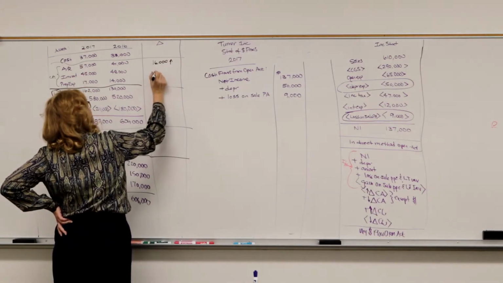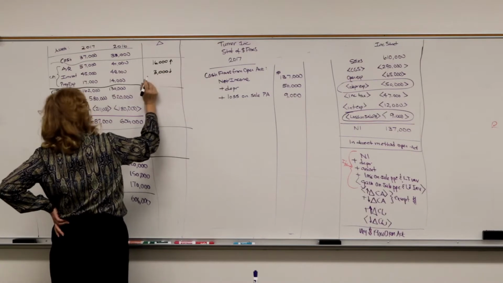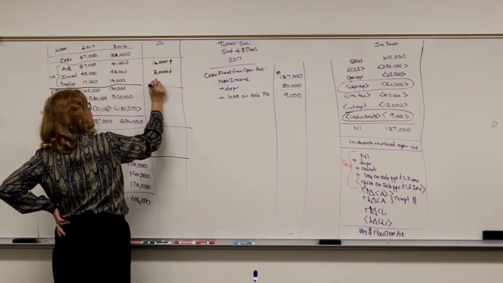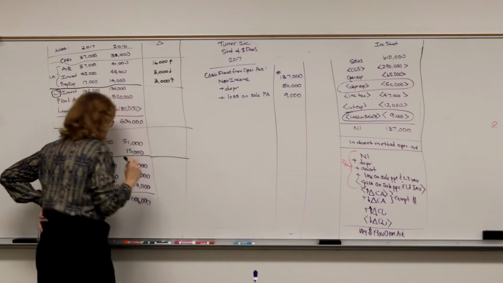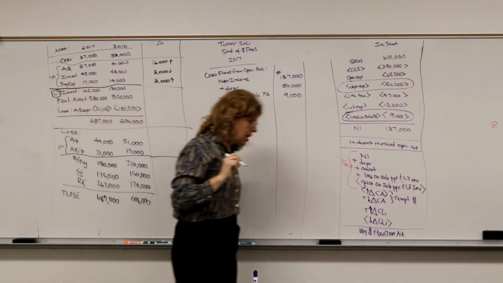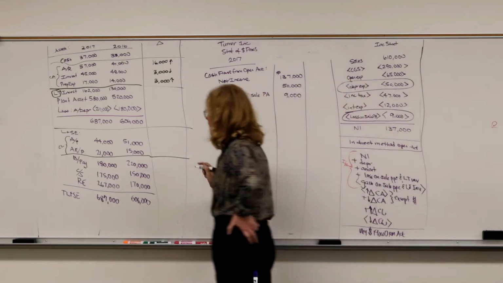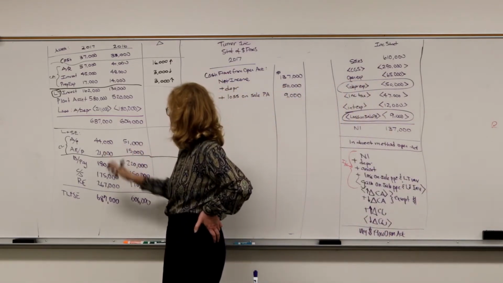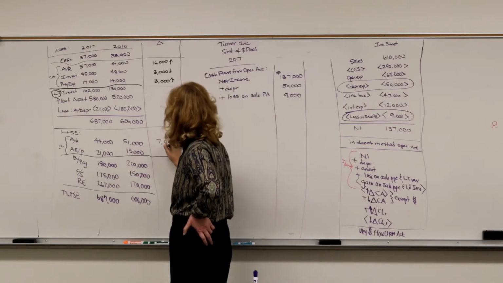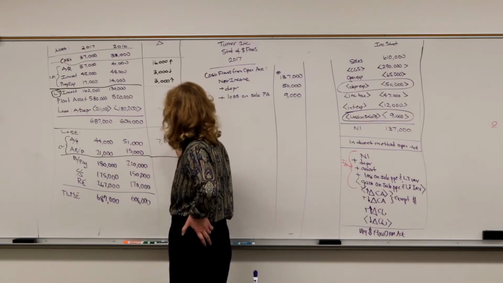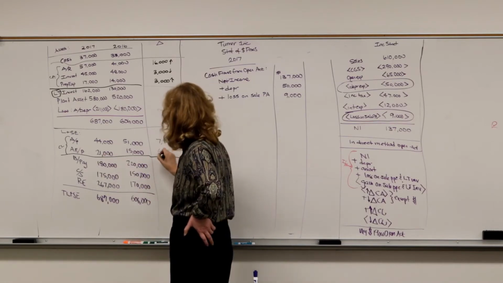My inventory decreased by 3,000 and my prepaid expenses increased by 3,000. As far as my liabilities, accounts payable went from 51 to 44, so we've got a $7,000 decrease. And then my accrued expenses payable increased 6,000.